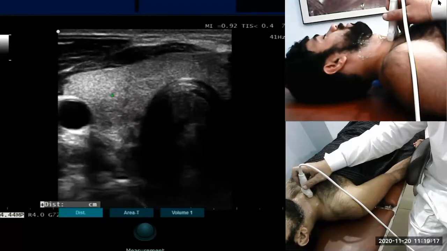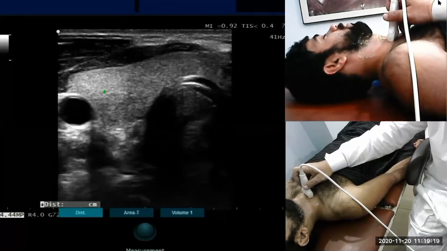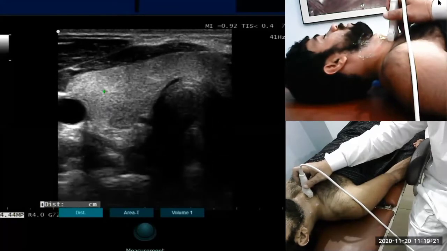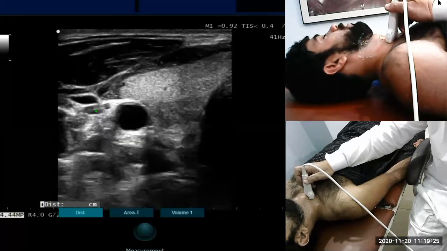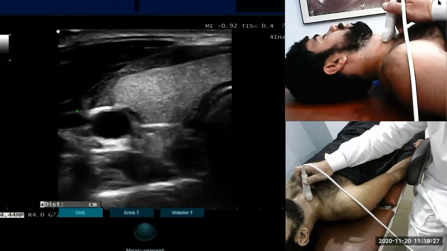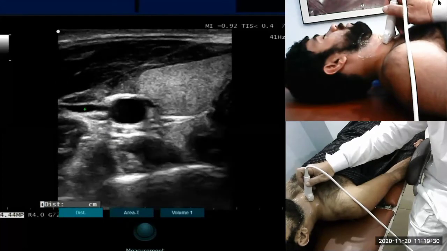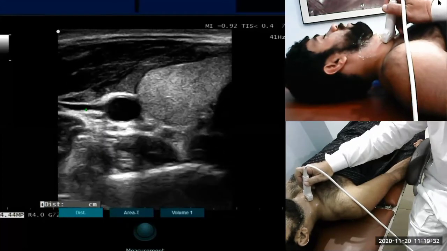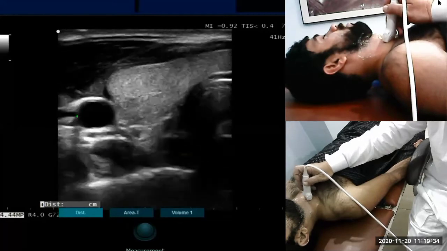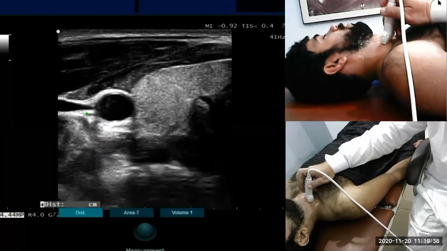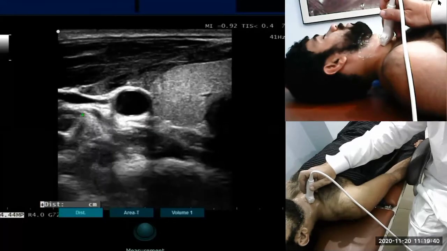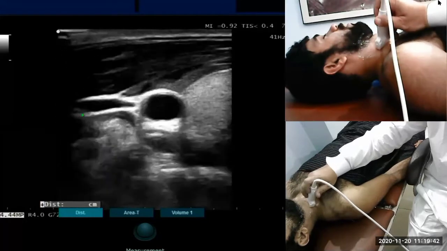So, this is the thyroid lobe, the right one, the common carotid artery, and the internal jugular vein. Both common carotid artery and internal jugular vein, we will see the pulsations of the heart.